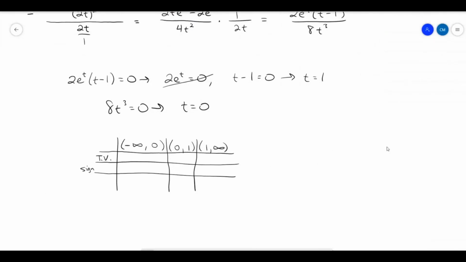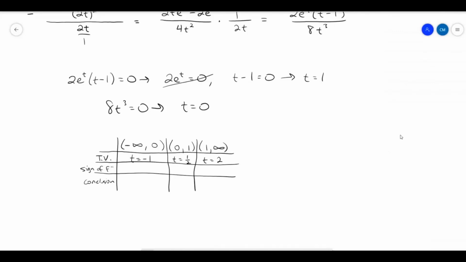And so on the table, this is kind of what you would want to do with the table. And so we pick test values. That's what the TV stands for, test values. So we pick any number on this interval from negative infinity to 0. We'll pick negative 1 on that interval. We'll pick 1/2 on this interval. And we'll pick 2 on that interval.